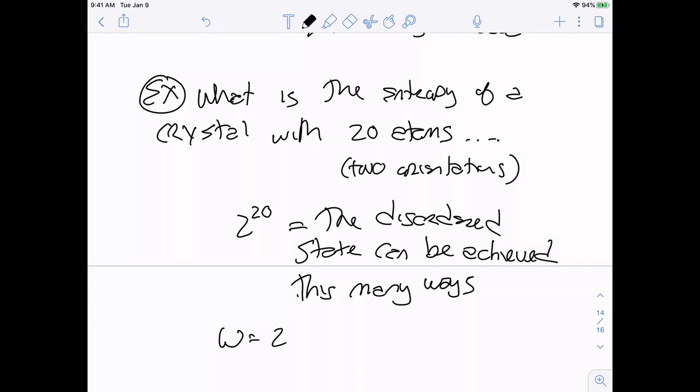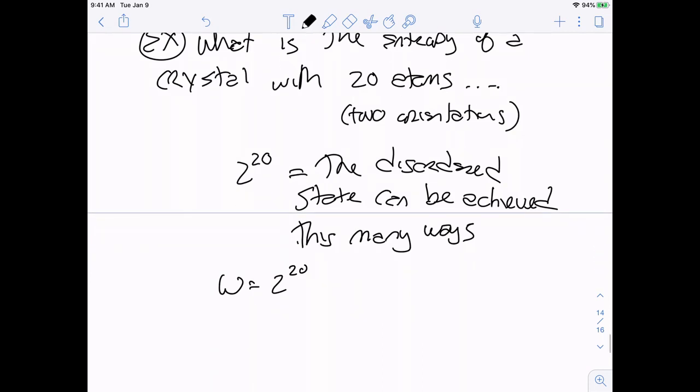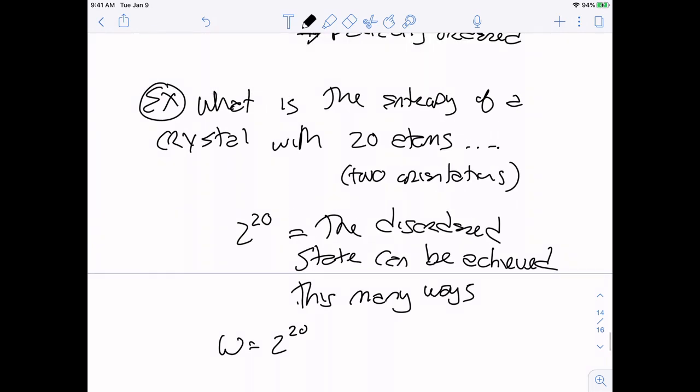Sorry if I'm not being very clear. If you were to plug that in, take the natural log of it, and then multiply it by the Boltzmann constant, you would get your entropy. I'm not so interested in the calculation. I just want you to see that as you increase the number of ways that you can achieve the state, you're increasing your entropy.